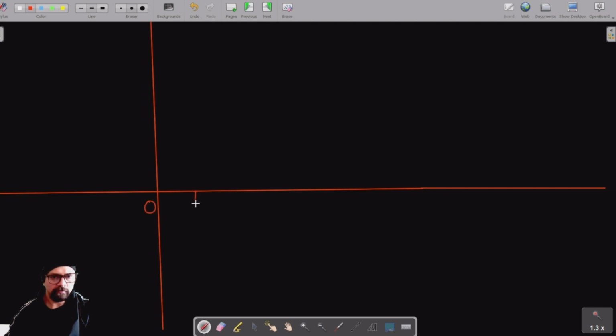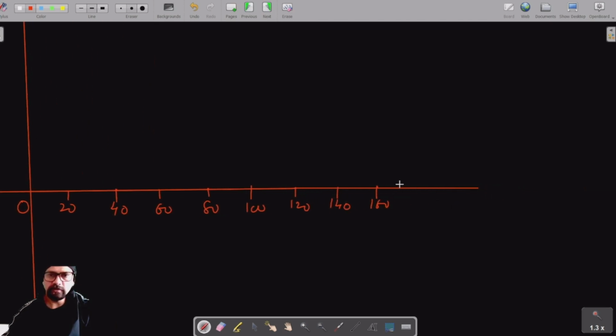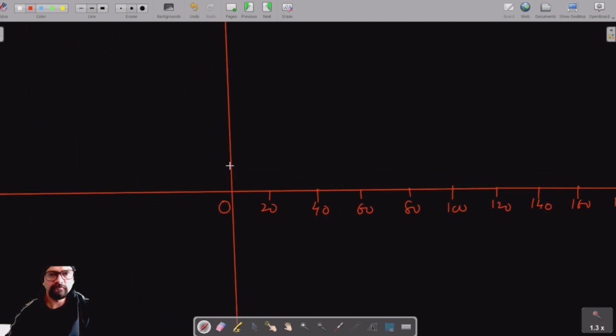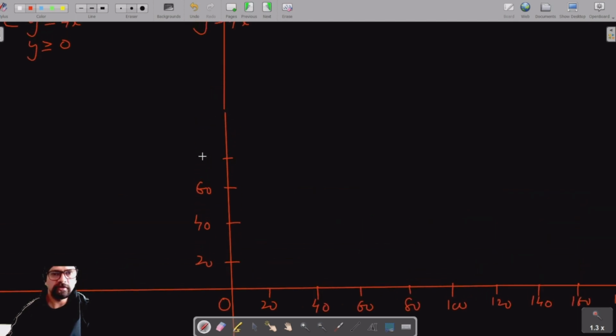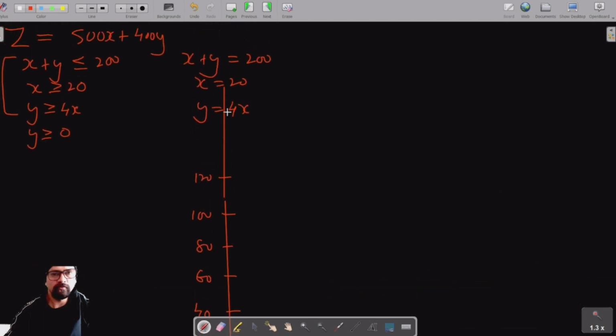So this is 0, 20, 40, 60, 80, 100, 120, 140, 160, 180, and 200, let's say. Similarly here we are going to stick to the first quadrant: 0, 20, 40, 60, 80, 100, 120, 140, and so on.